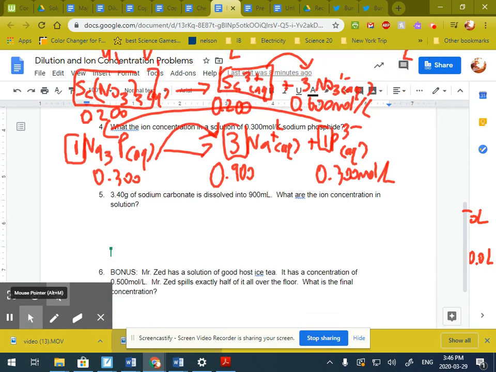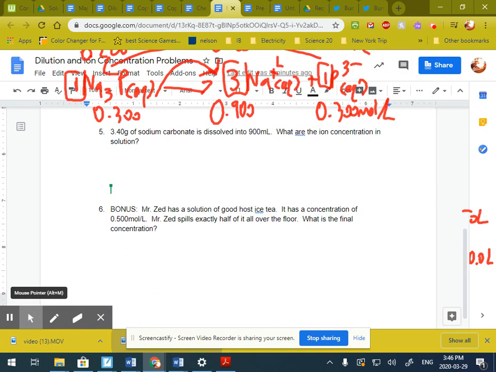Almost last question you were assigned. Okay, a little bit tougher. We've got sodium carbonate. We're going to have to dissociate that. And we're not given concentration. So this is like one of the tougher ones I did in the work. Okay, so shadow is hiding. There we go. So we've got sodium carbonate. Sodium is +1. Carbonate is 2 negative.